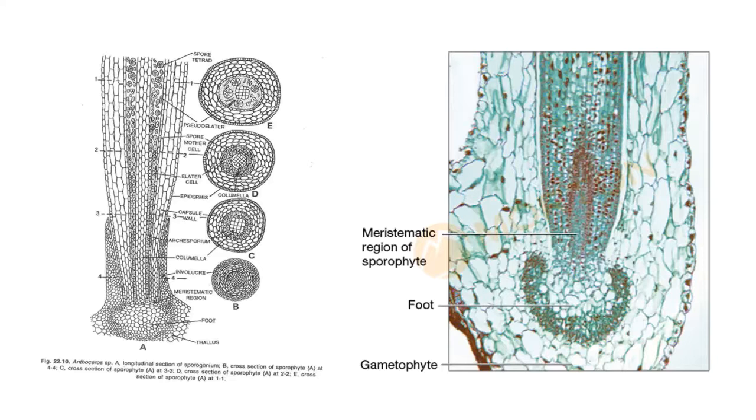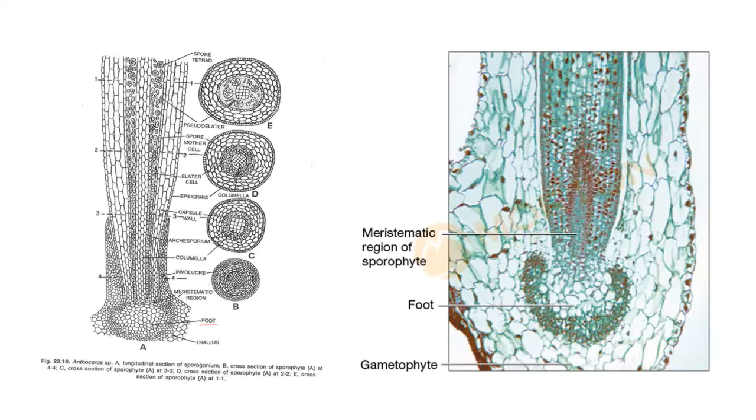The intercalary region is also referred to as a meristematic zone, and the capsule is nothing but the spore producing body. So we have got foot, there is an intercalary or meristematic region, and the third one is that of capsule. You can identify them from the diagram itself. There is a foot over here.